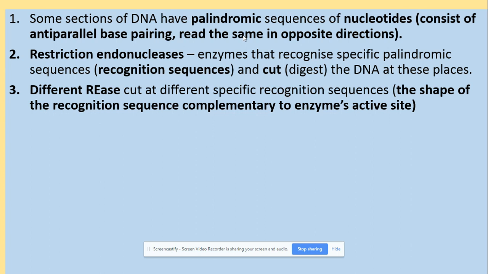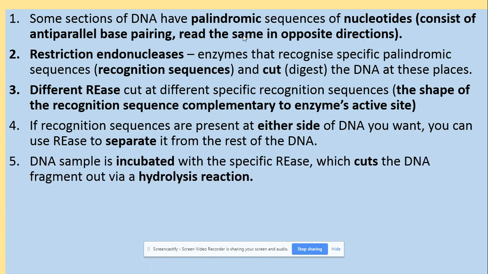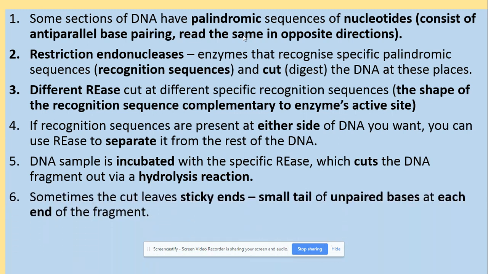So they need to be complementary to the enzyme's active site. So if recognition sequences are present at either side of the DNA you want, you can use restriction endonuclease to separate it from the rest of DNA, and this DNA sample can then be incubated with specific restriction endonuclease, which cuts the DNA fragment out through the process of hydrolysis.